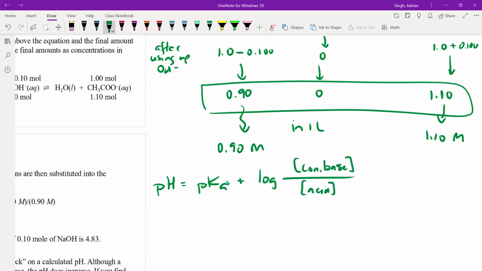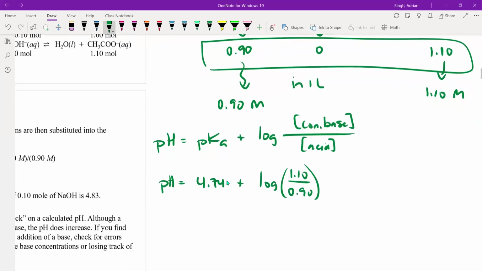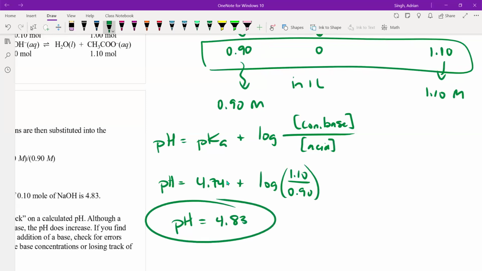Okay, now we know what these are, right? So our pH, we know what the pKa for acetic acid is. We've done that a couple times already, 4.74 plus the log of the conjugate base is 1.10. The acid there is 0.90. So we evaluate that, and we end up with then the pH being equal to 4.83.